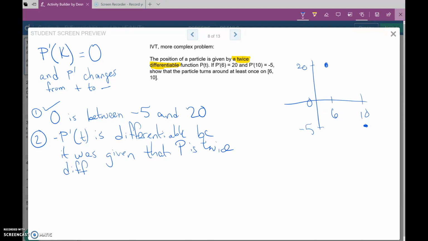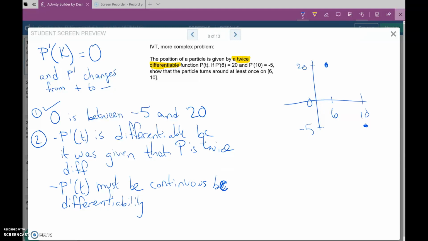So if a function is differentiable, p prime of t must be continuous, because if a function is differentiable, it has to be continuous. Because differentiability implies continuity.